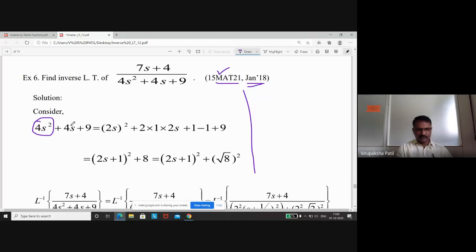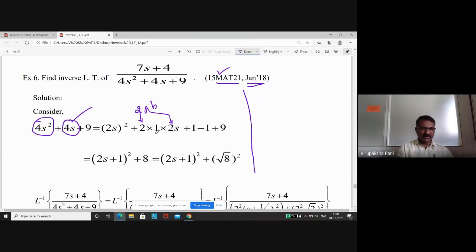Okay. Now to get plus 4s, what I will write? It should be of the form 2 times a into b. So for that purpose, 2 I will write as it is, and the a value I will write as it is. Already you know the a value. So 2 into 2 you will get 4s. Already 4s is there. So what should be your b value?